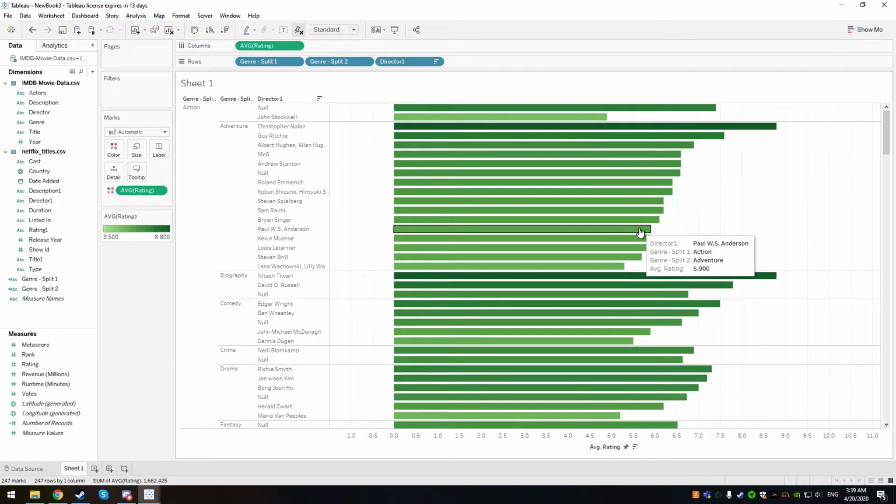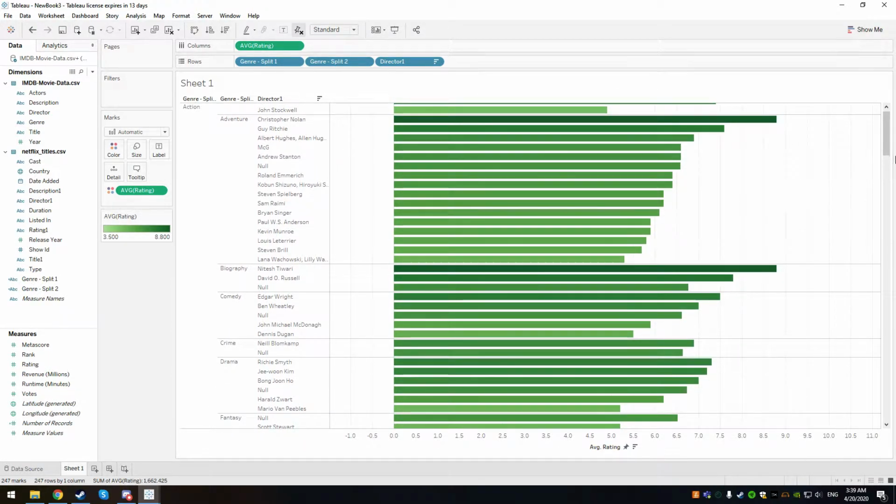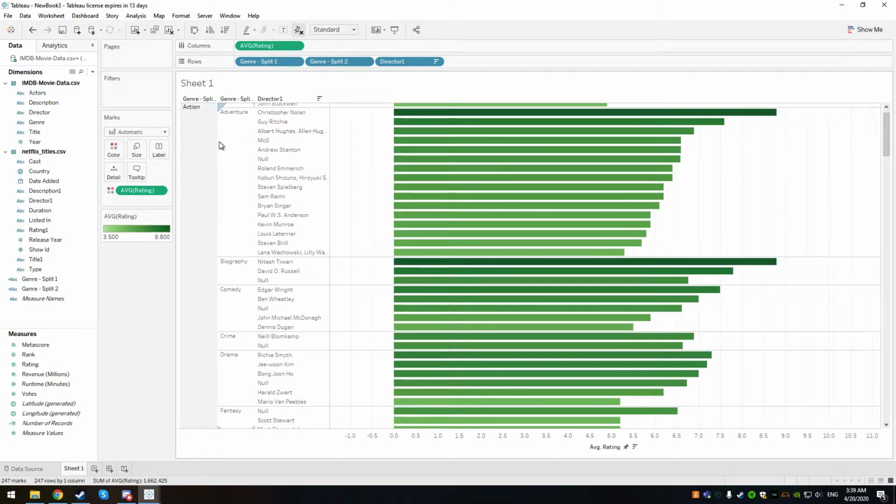What we like is we can easily tell which director can make a very high rating in these types of categories. If we want some action adventure movies for our platform, we can easily decide that Christopher Nolan is a good choice because he made so many high rating scores on it.